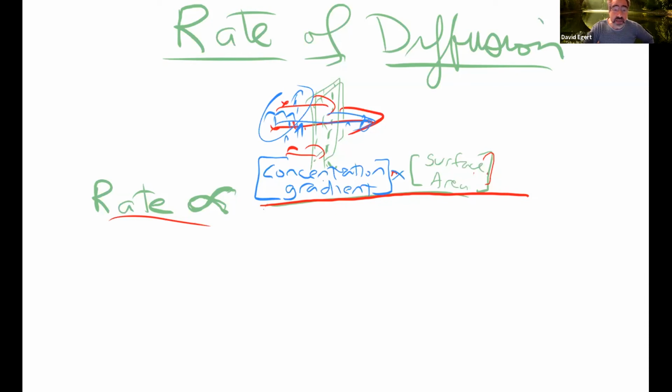A bunch of you got that opposite in your hypotheses, actually, in your pre-lab. If you have a large difference, there's going to be a much faster movement. If they're very similar, it's going to be slower.